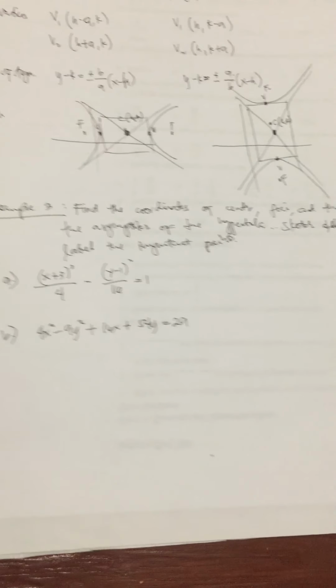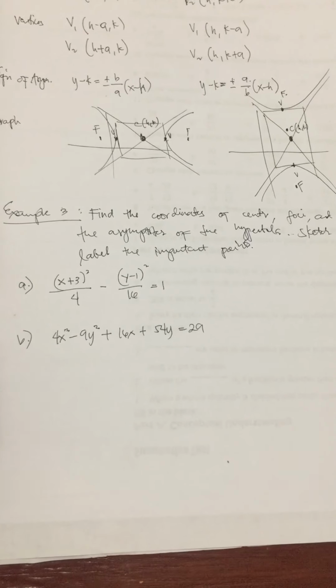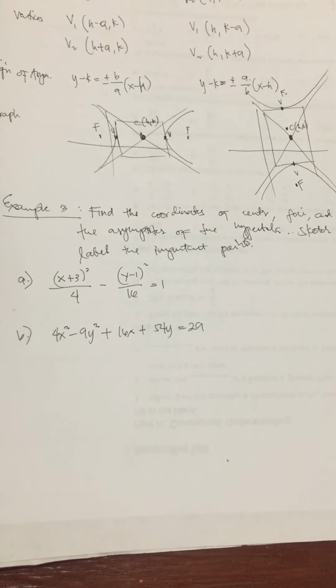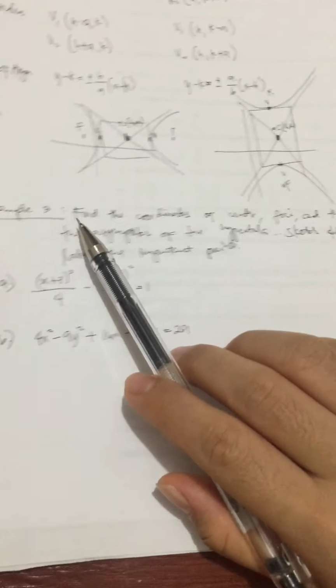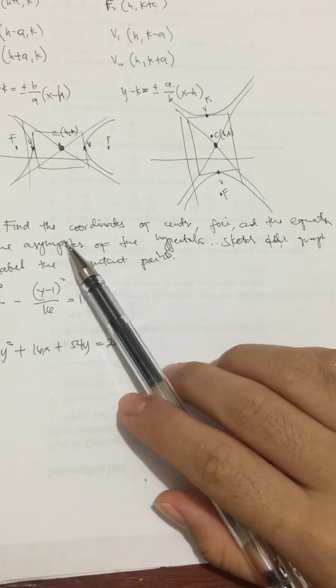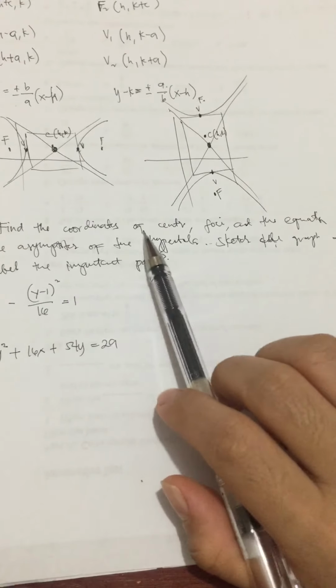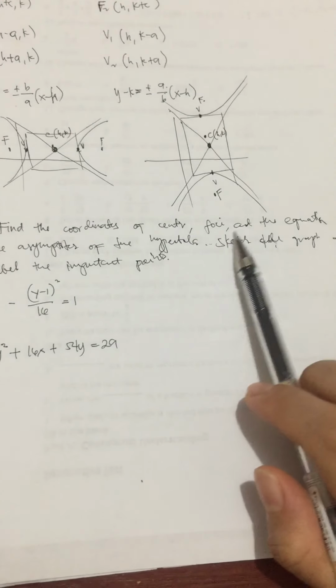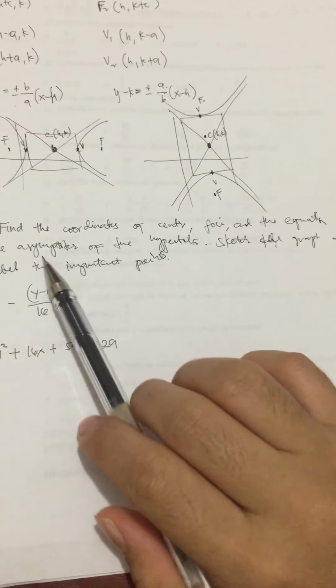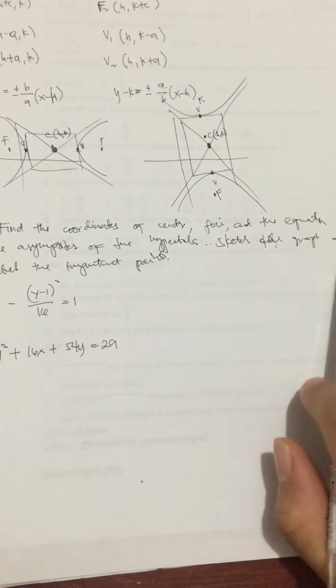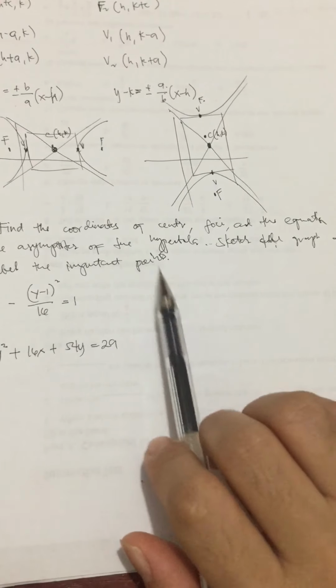Example 3, since this is the continuation of our previous example or previous video. This is the problem: find the coordinates of the center, foci, and equation of the asymptotes of the hyperbola. Sketch the graph and label the important points.